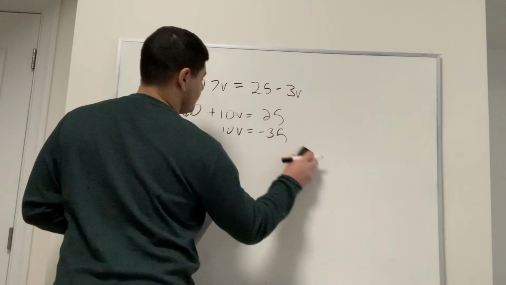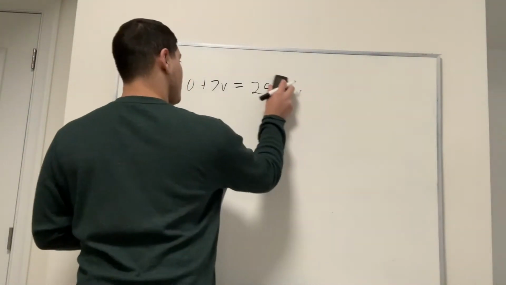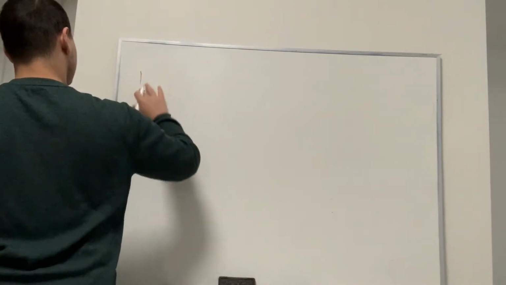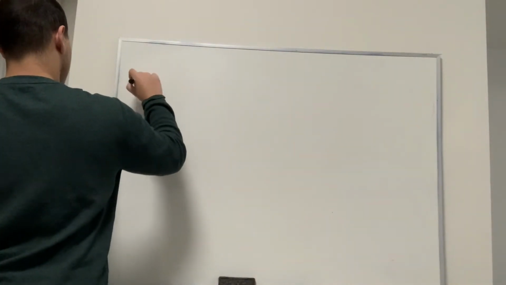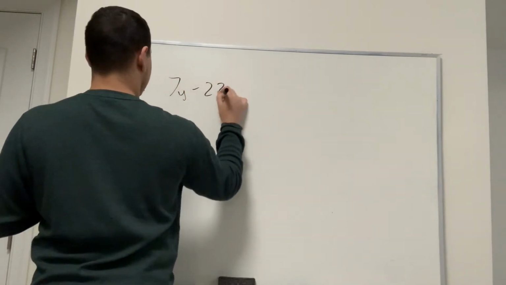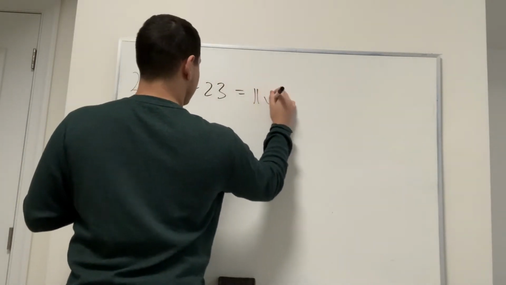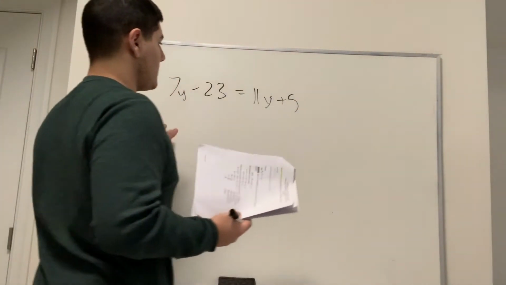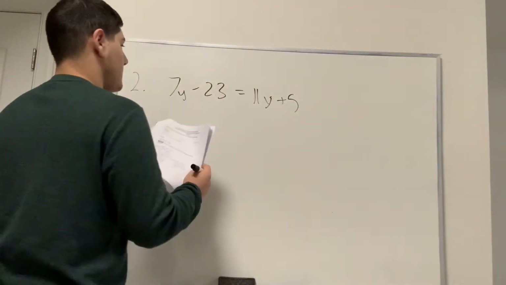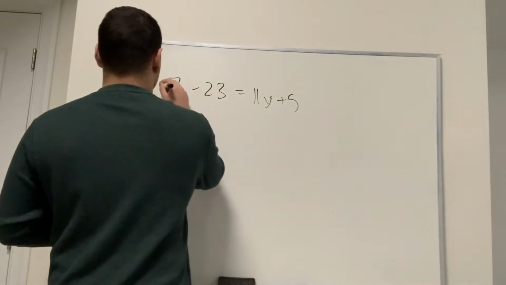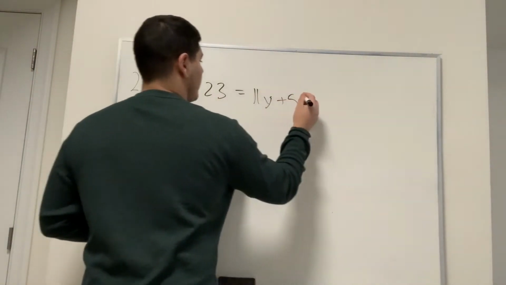Number 2. So I'm going to do the warm-up by showing all the steps, and then maybe you can speed up the process if you are comfortable enough. So you want to get all the variables on one side and all the numbers on the other so that you could divide. So you can add 23 here, add 23 here.